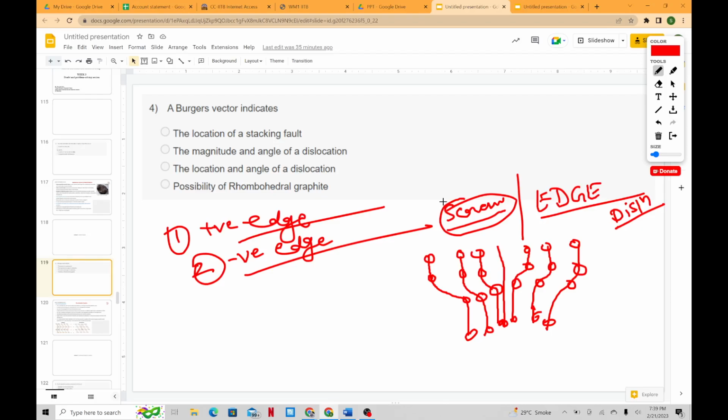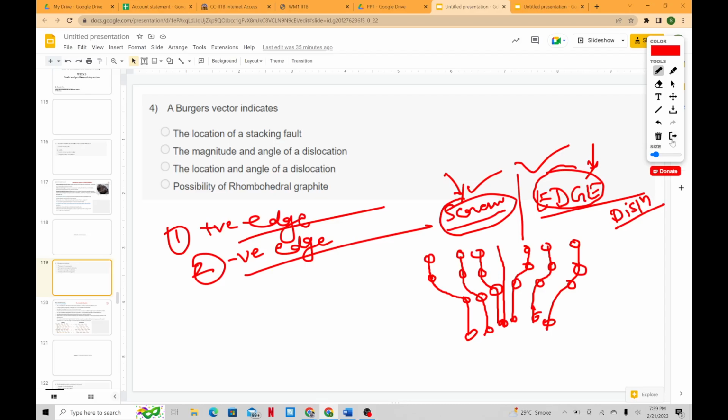If you want to know basic material properties, wherever defects come up, you have to know what is the edge dislocation, what is the screw dislocation, how many types, how the edge dislocation is forming, and how the screw dislocation is forming, and all the things related to that. That's it.